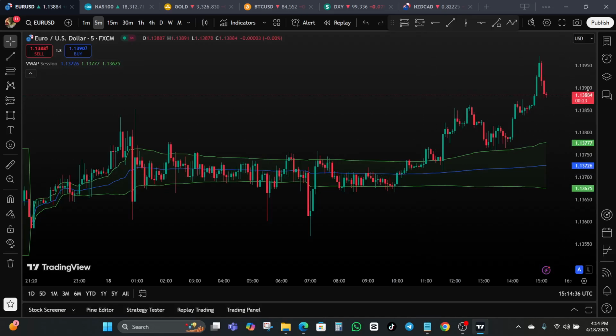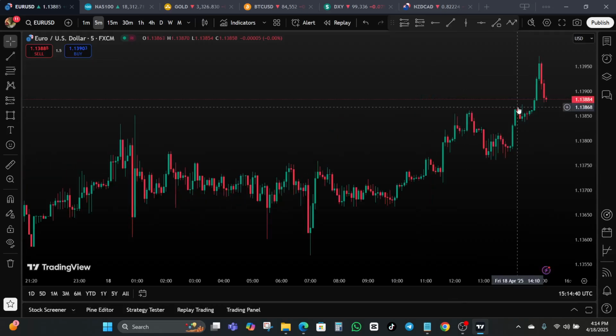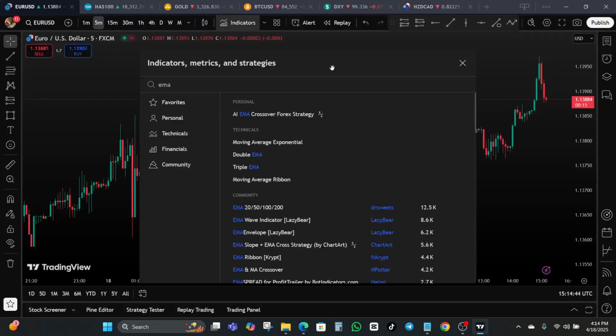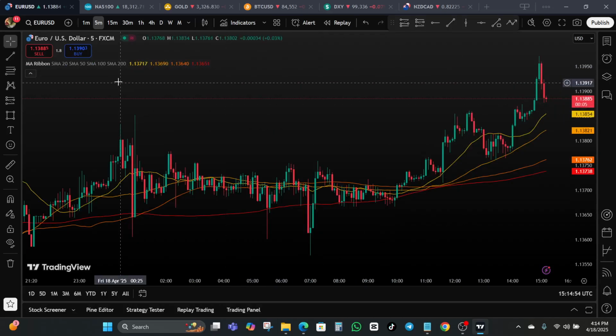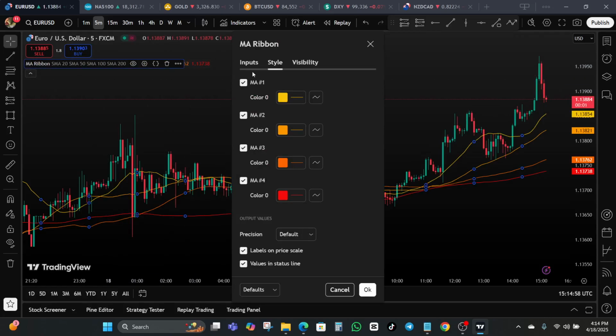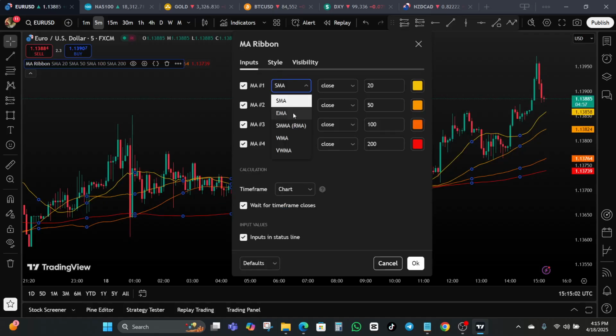All right. Now, the next indicator we are going to be looking at is the EMA ribbon. The EMA ribbon is actually a nice indicator. We're going to be using the moving average ribbon. So we're just going to set this to 9 and 21. This is going to be EMA, and this is going to be EMA.